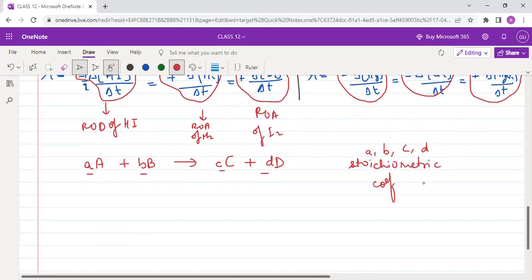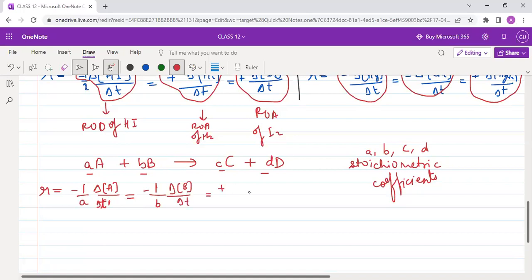So when you write the rate expression, first you write the rate of disappearance, and then you divide it by the stoichiometric coefficient. So the stoichiometric coefficient is a, so you'll write R is equal to minus 1 by a, delta A by delta T. And it will be minus 1 by b, delta B by delta T. And in the products, you'll place a plus sign.